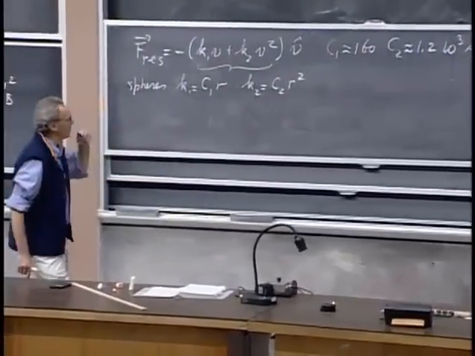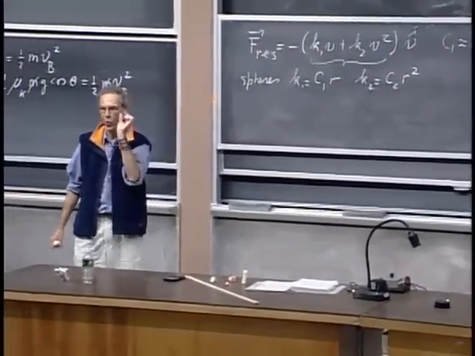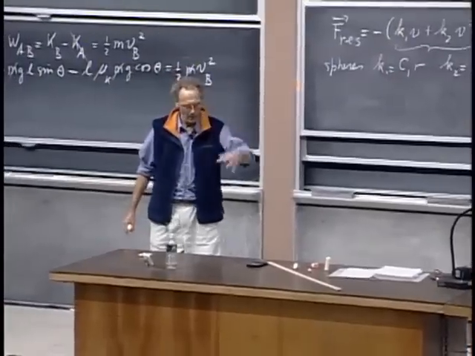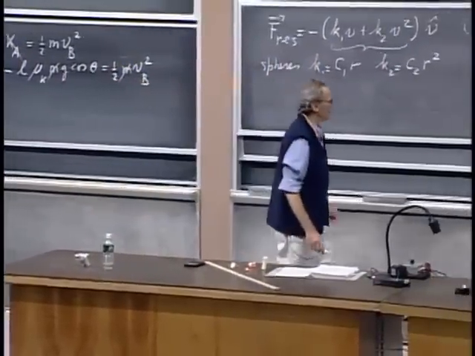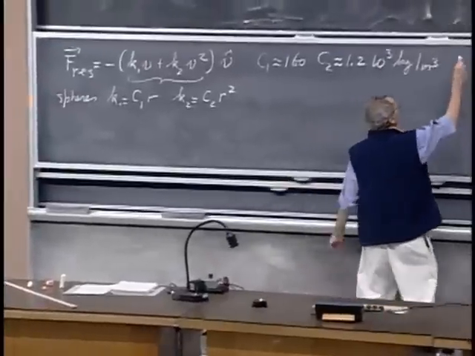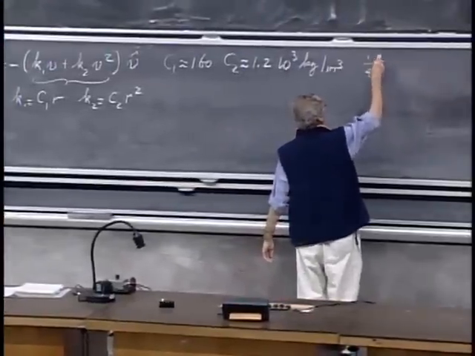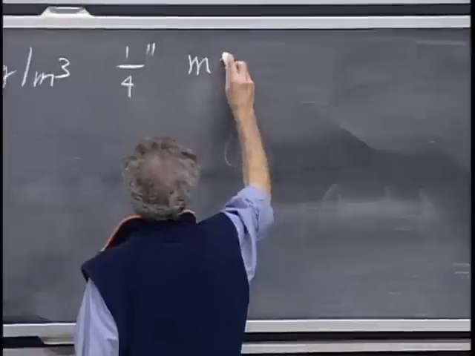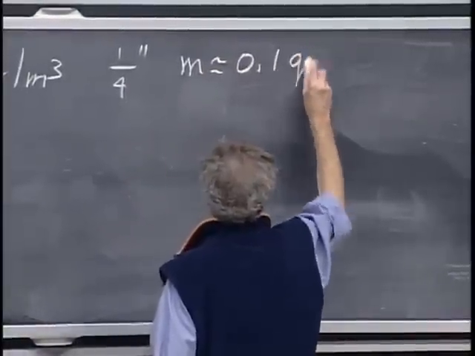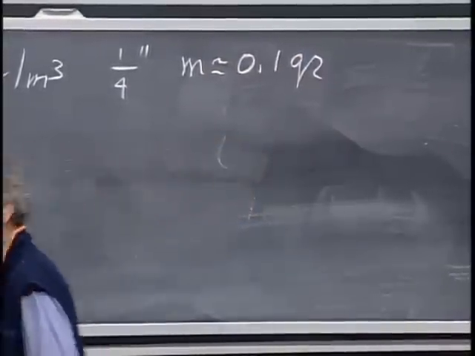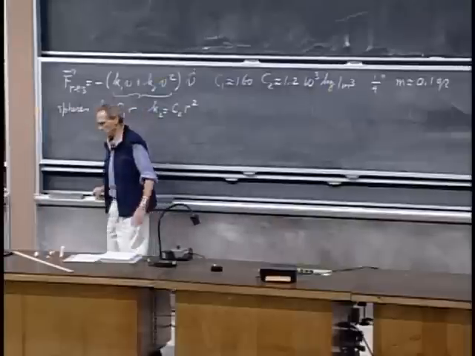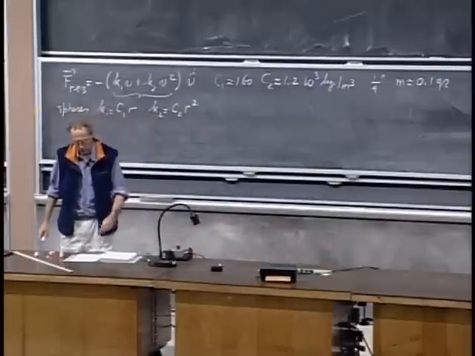And so we had ball bearings from 1/8 of an inch diameter to 1/4 of an inch, and we dropped them in the corn syrup. If we take the one for now, which is 1/4 of an inch diameter, then the mass of that one is about 0.1 grams. We knew the density of steel, and so you can figure out the mass. Just take my word for it.